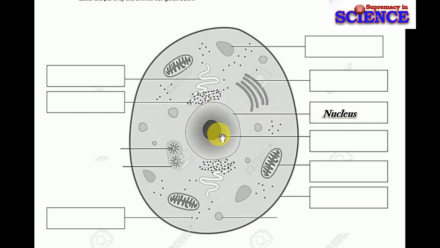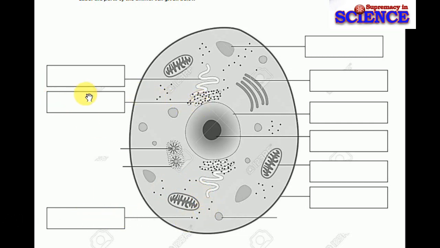Inside the nucleus you have a substructure called the nucleolus. And here, the mitochondria. The mitochondria is the powerhouse of the cell. And this one, the boundary of the cell, is the cell membrane, or we call it the plasma membrane. And here also the vacuole, that's why I didn't ask you what it is. And this one, the smallest structures we find in the cell, is called the ribosome.